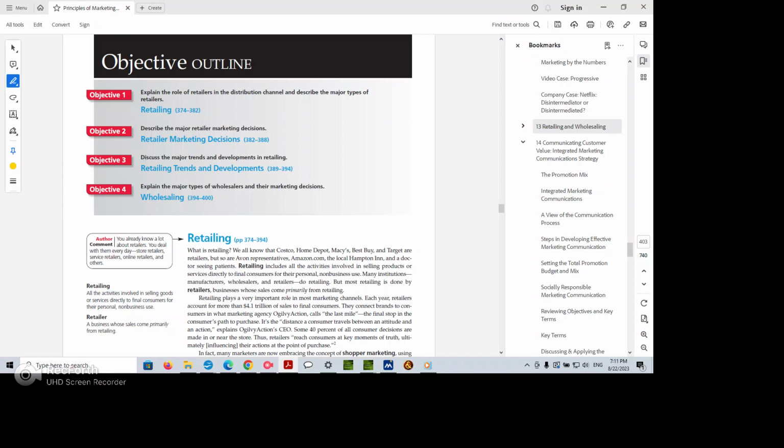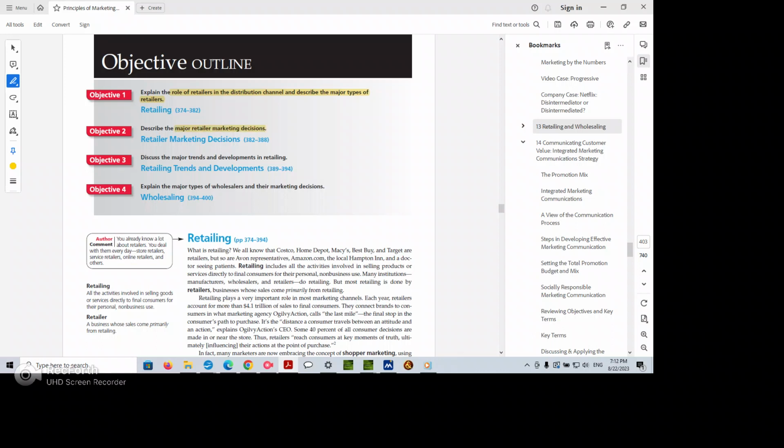Now let's talk about the four objectives that we need to have down for this chapter. For the first objective, we want to explain the roles of retailers and distribution channels and describe the major types of retailers. In other words, we want to talk about retailing. Number two, we want to describe the major retailer marketing decisions.